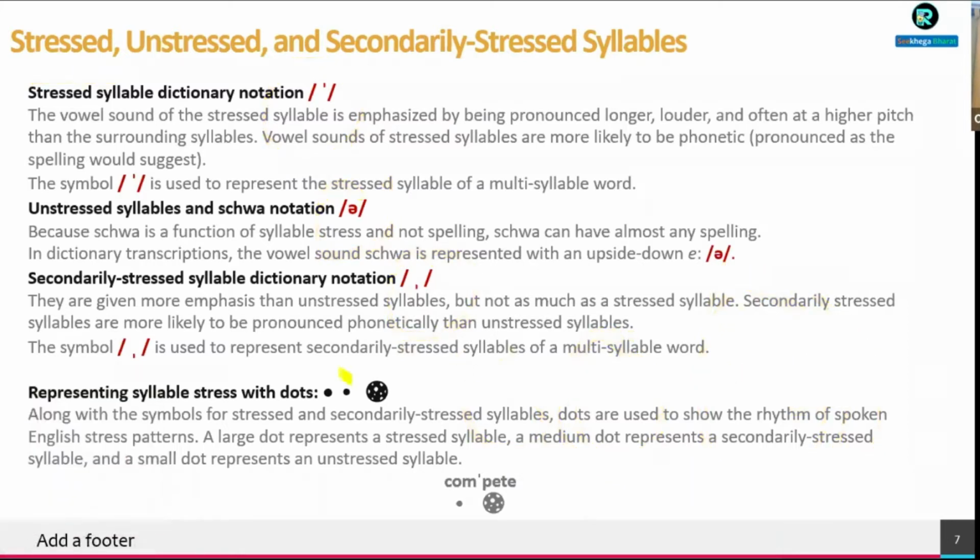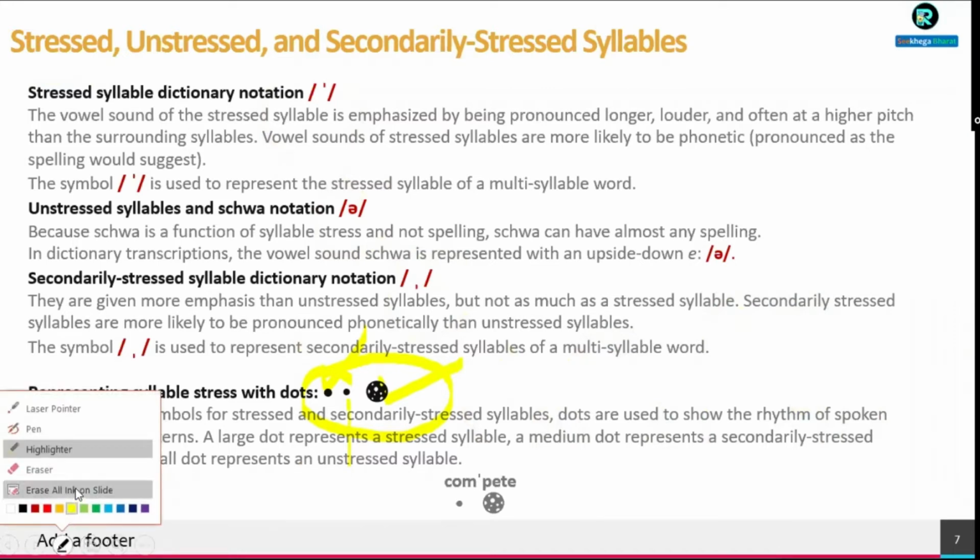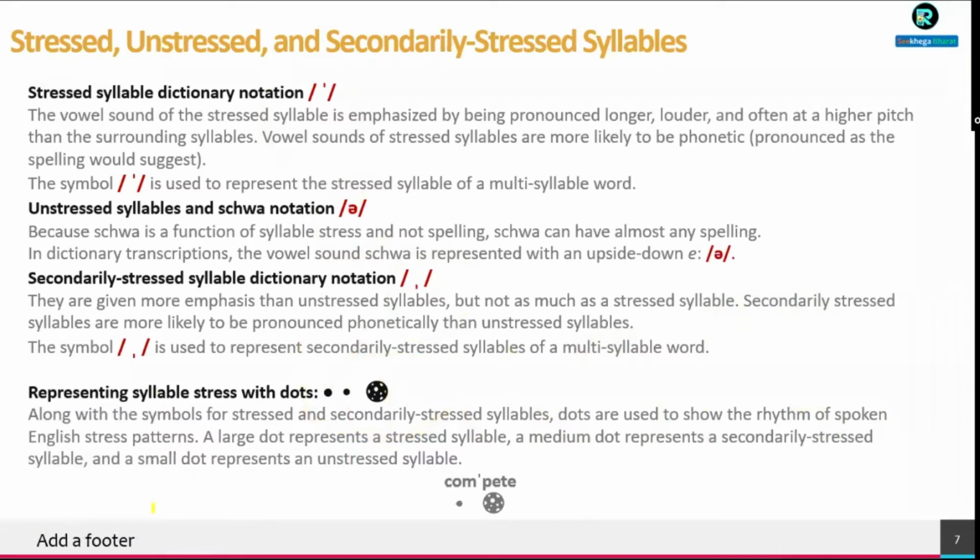Sometimes they are also represented with dots: primary stress, secondary stress, and this is no stress. Basically, secondary stress means it is an intermediate stress, in the middle. For example, sometimes you can see compete, compete.